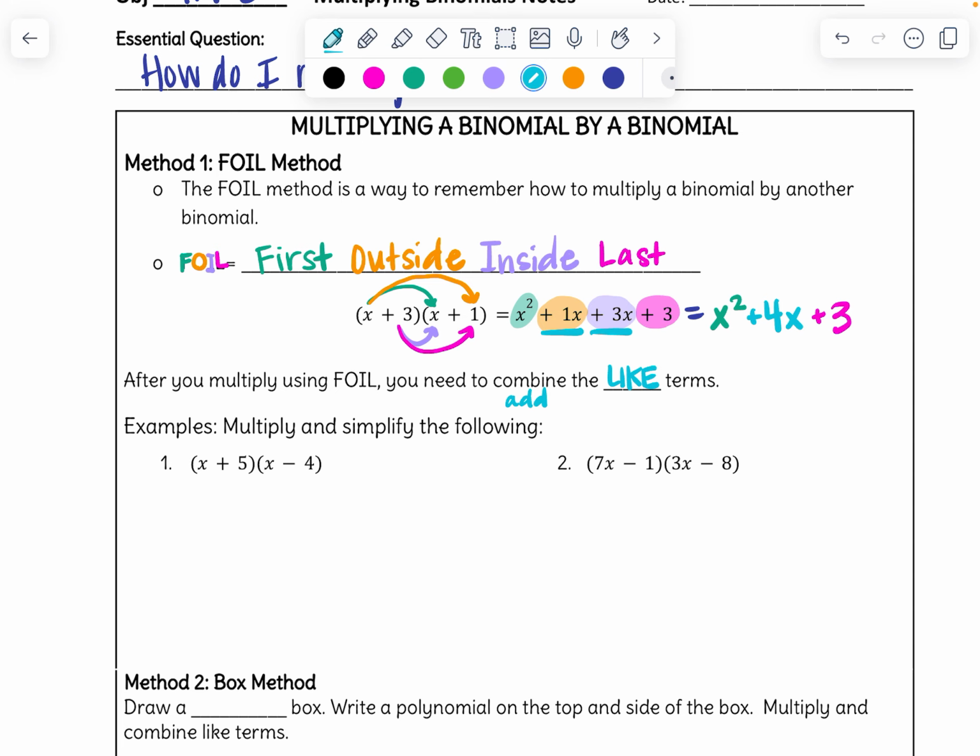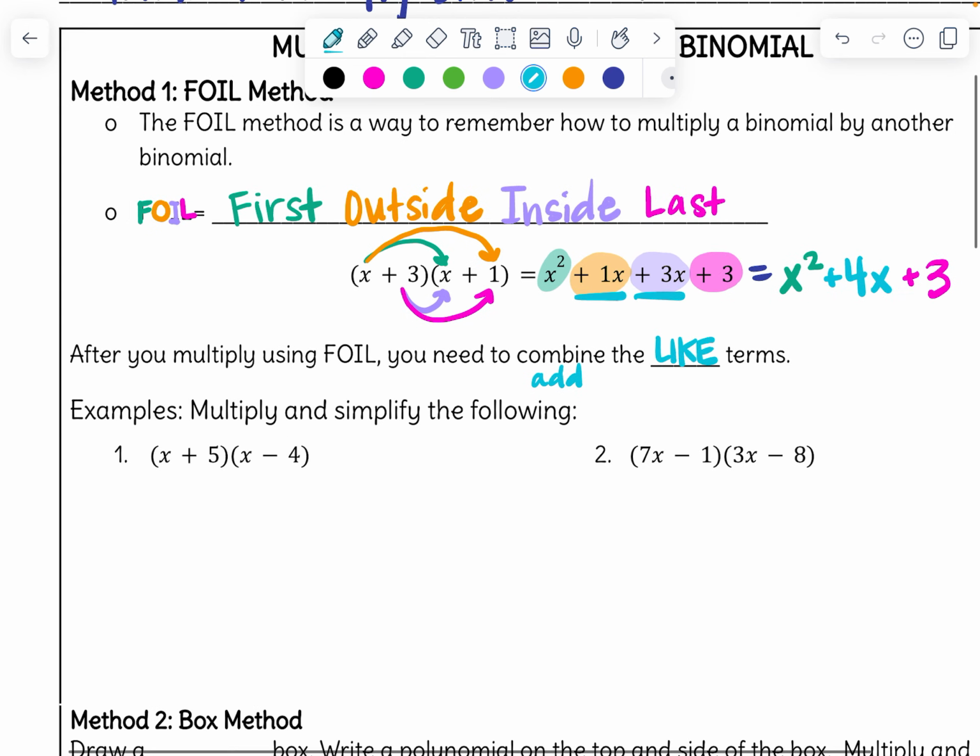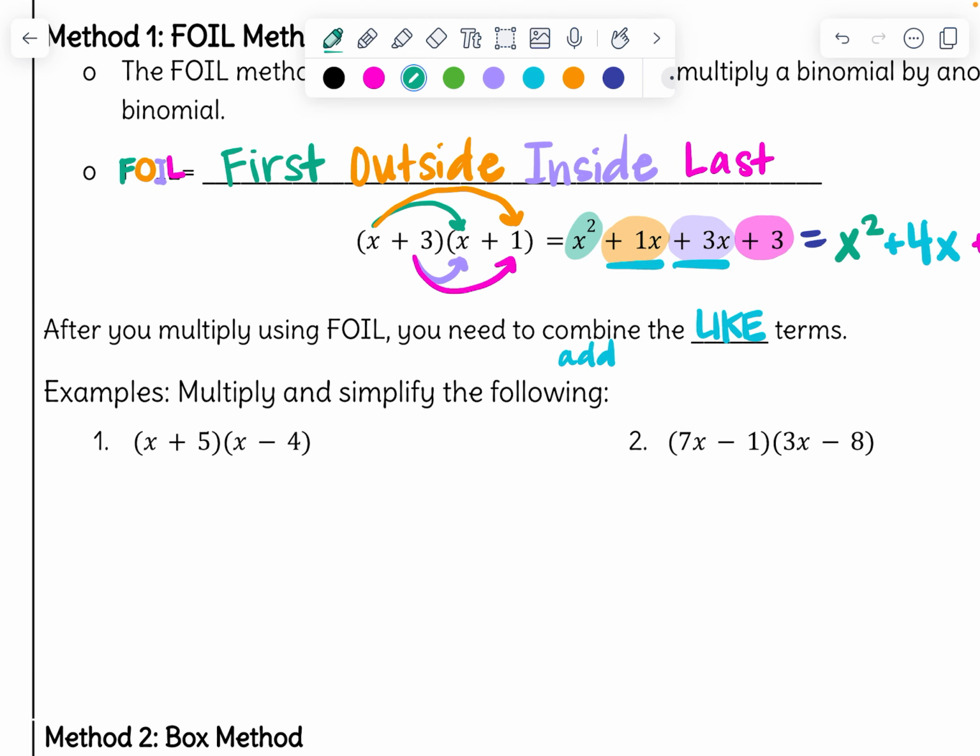Okay, so let's use the FOIL method to multiply these binomials. Number 1. First is x times x, which is x squared. Outside is x times negative 4, which is negative 4x.